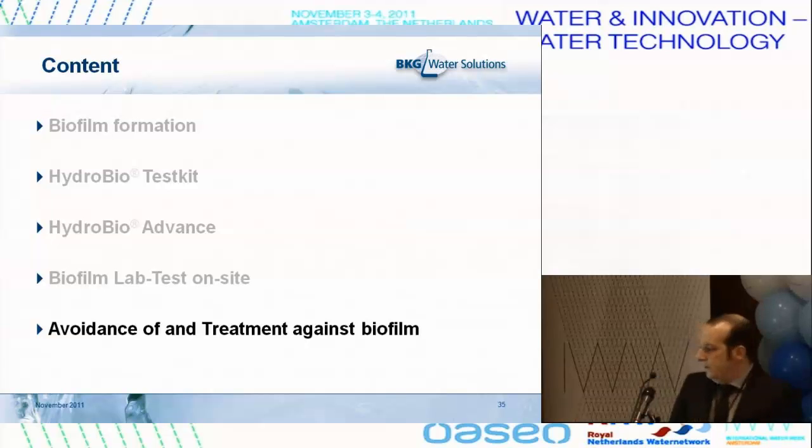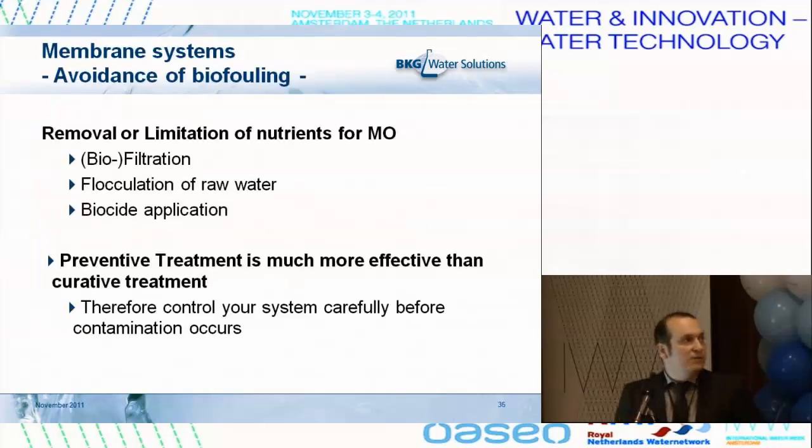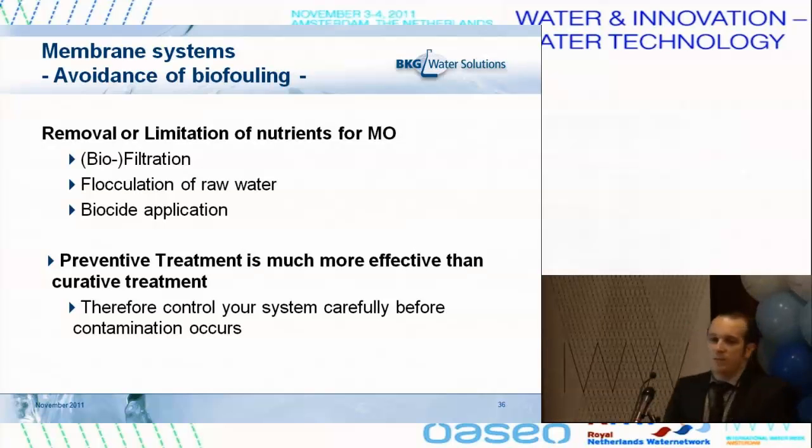So last but not least, the avoidance and treatments against biofilms. What can we do against that? First of all, very, very important is the removal, or at least the limitation, of nutrients for microorganisms in the raw water, the feed water. So first of all, the filtration, the biofiltration in that case, a good flocculation of raw water, and a good optimized biocide application.